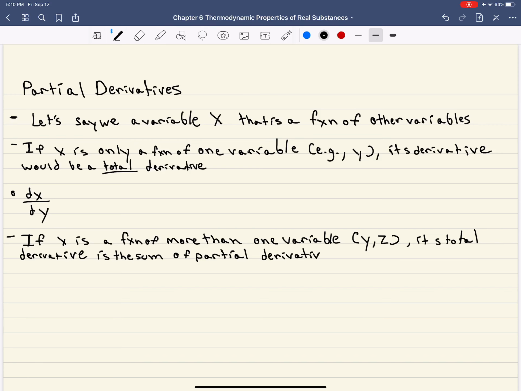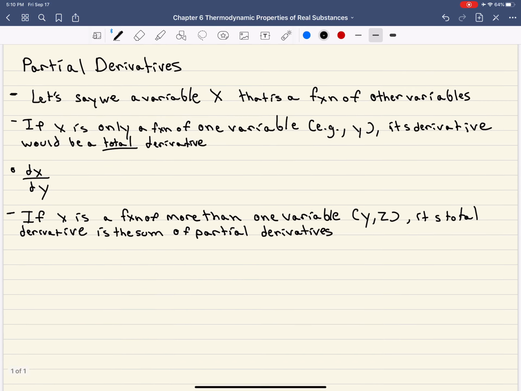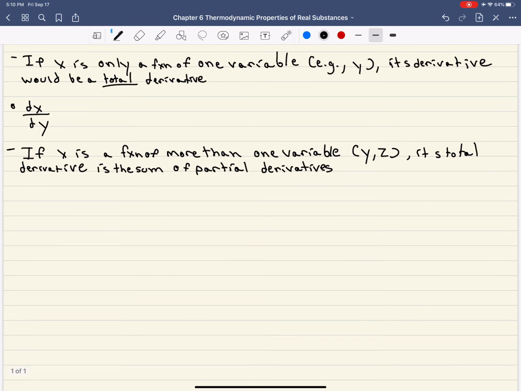Okay? And so the way that we express that mathematically is we say that the derivative of x is going to be equal to this.